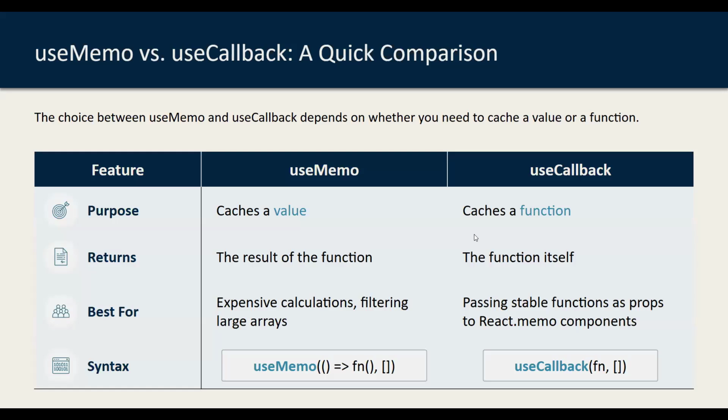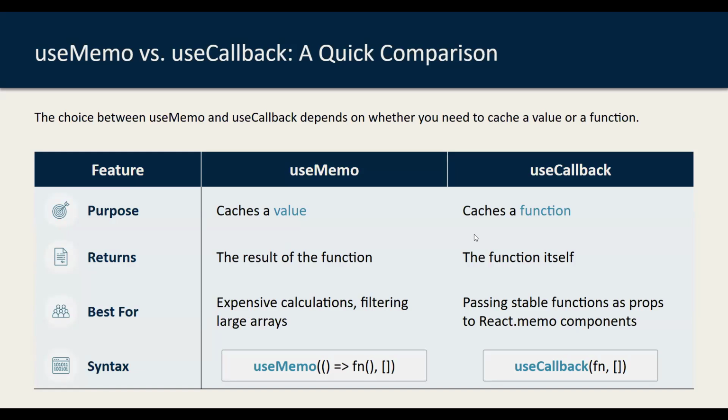And then let's take a closer look at when you want to use useMemo and when you want to use useCallback. useMemo, as we discussed earlier, caches a value while useCallback caches a function. useMemo gives you the result of a function, and it is typically best for expensive calculations and filtering large arrays.